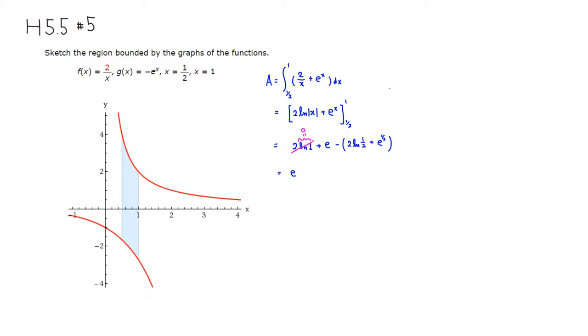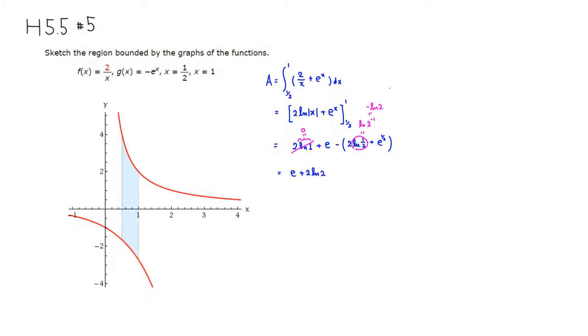I'm going to rewrite this part a little bit. Here 1/2 is 2 to the negative 1 power, but we can put the power in front, so it's a negative natural log of 2. So it's negative 2 times negative natural log of 2, a double negative, so it's going to be a plus 2 times natural log of 2.